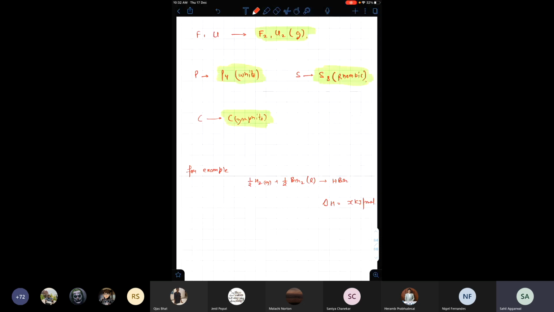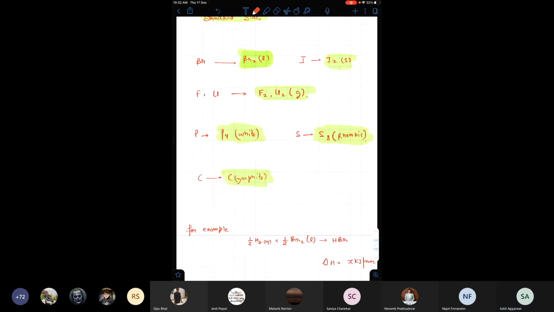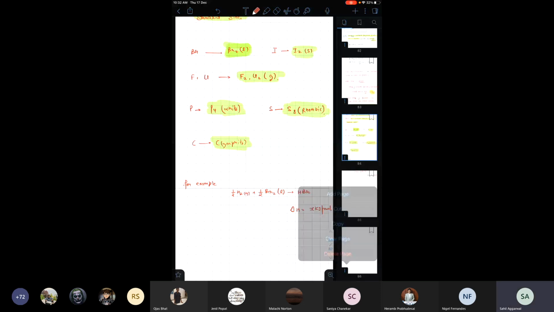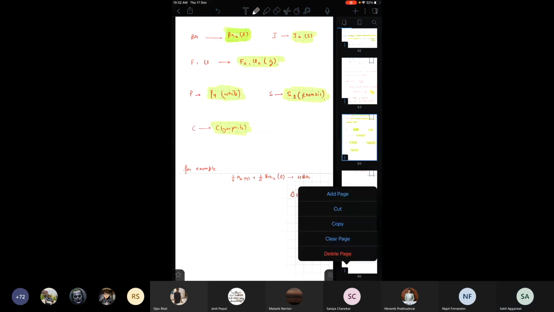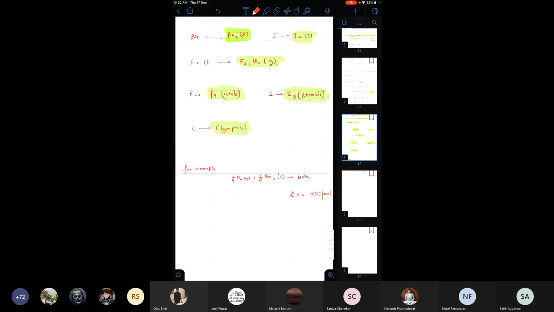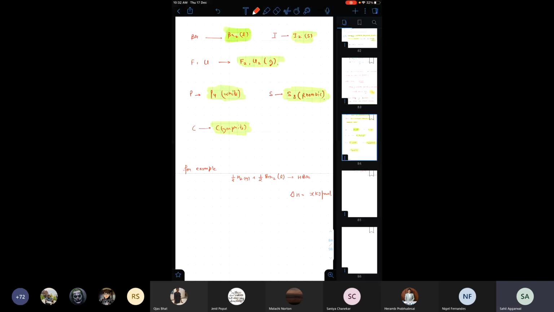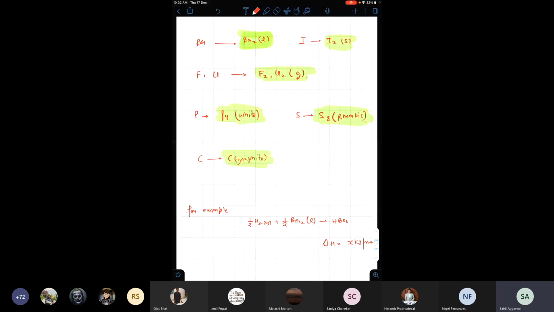Is this X the enthalpy of formation? Can you tell this X as the enthalpy of formation? No. Yash is refusing.